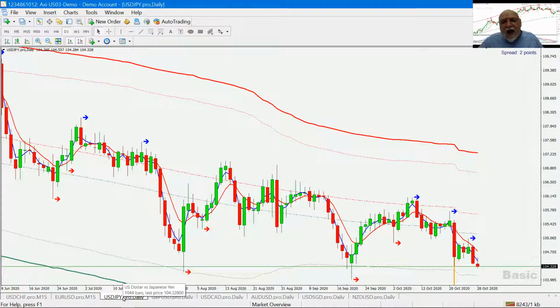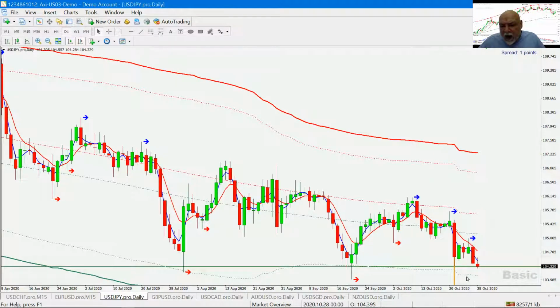So this is how we go through the process of looking for a trade. Okay, now if you are just going to be looking for daily trades, you'll be done as far as the majors are concerned. But we're trying to see if we can't find something to trade on a lower time frame.